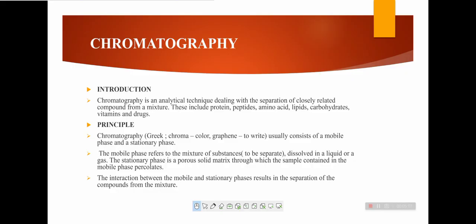Because the different constituents of the mixture tend to have different affinities for the stationary phase, they are retained for different lengths of time depending on their interactions with the surface sites. The constituents travel at different apparent velocities in the mobile fluid, causing them to separate.